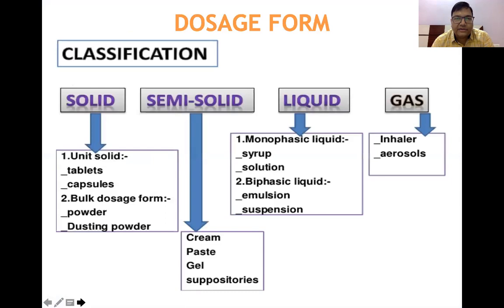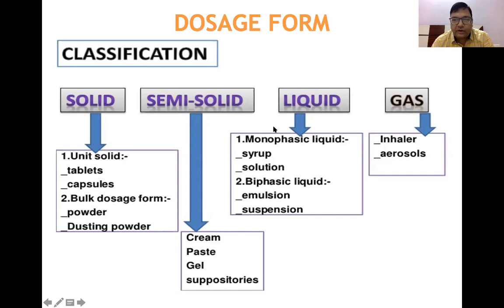There are various dosage forms which can be classified as solid, liquid, or gaseous. In the solid ones, we have the unit solids such as tablets and capsules, and the bulk dosage forms like powder or dusting powder. Then in between the solid and the liquid, we have the semi-solid preparations such as creams, pastes, gels, suppositories.